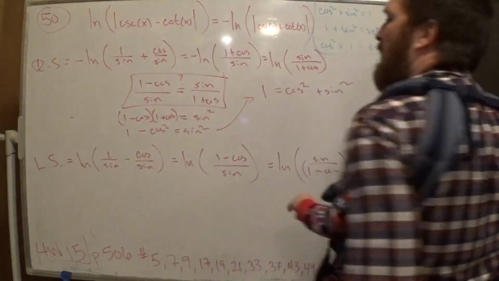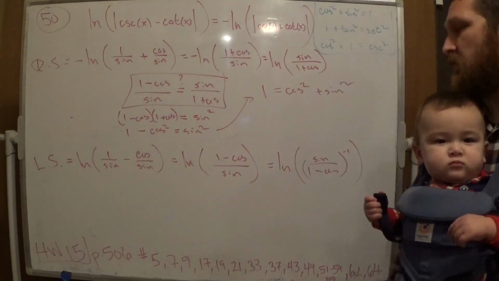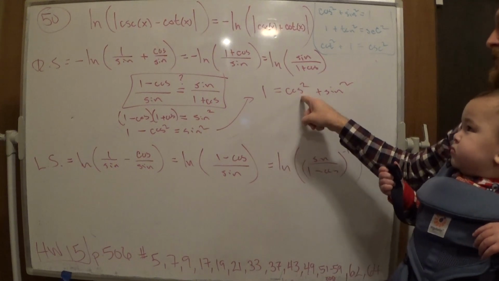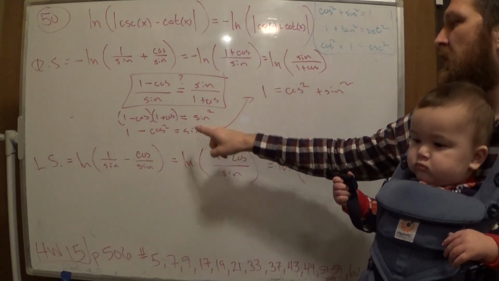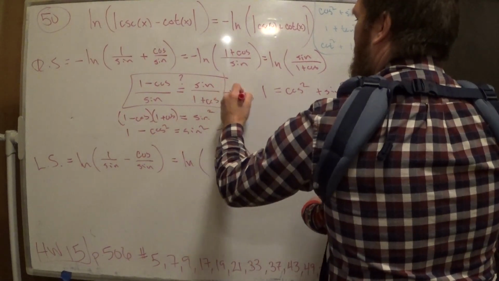Since that's the case, if I were writing this up, I would start there. Now that I've done all of this work, I would start with this and say, watch, this is true, therefore this is true, therefore this is true, therefore this is true. And I would do a little star.